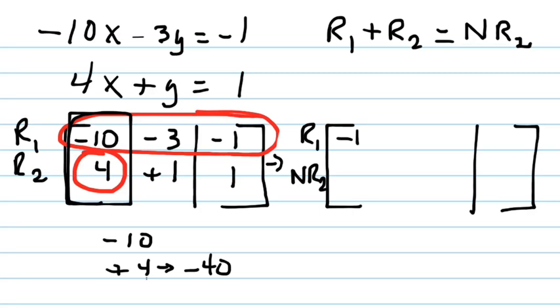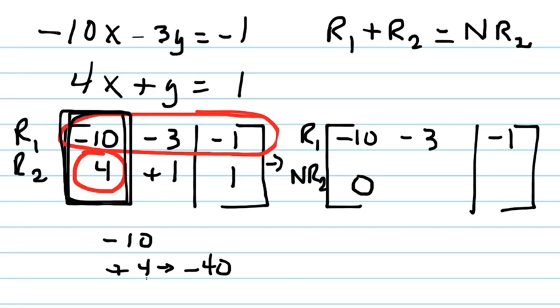So row 1, once I'm done, is going to be exactly the same as what it was when I started. Okay? That's the one I'm using. But row 2 is going to be new row 2, and it's going to have a 0 right there. That's the goal.